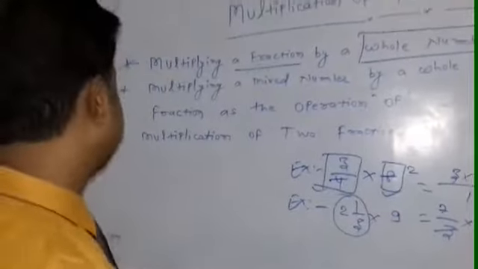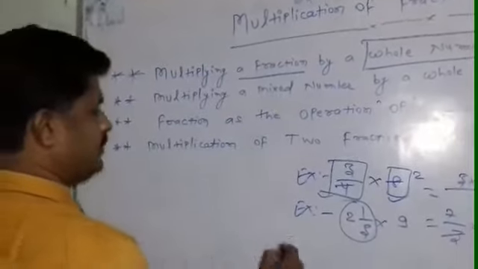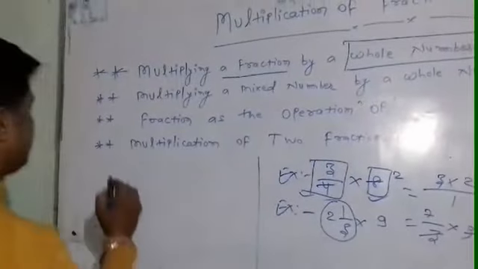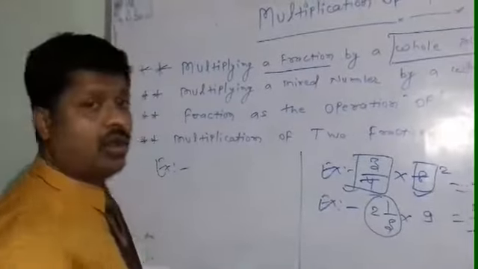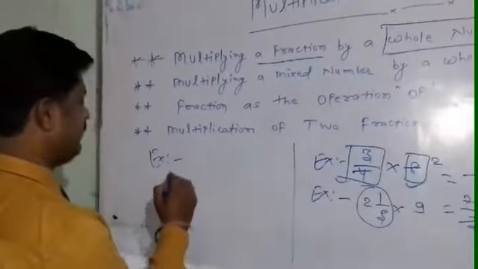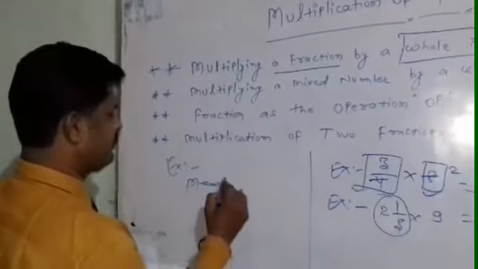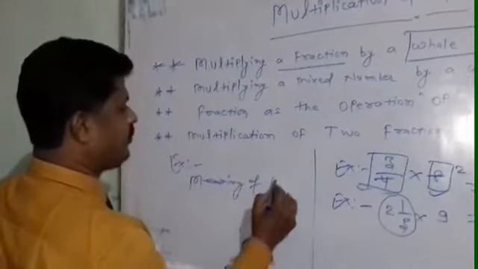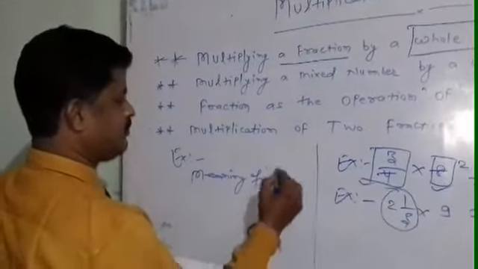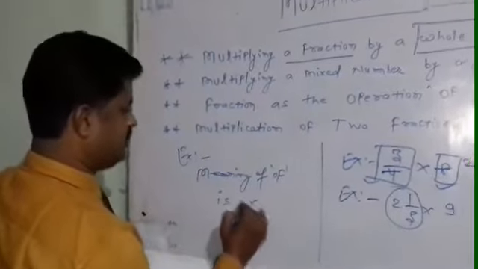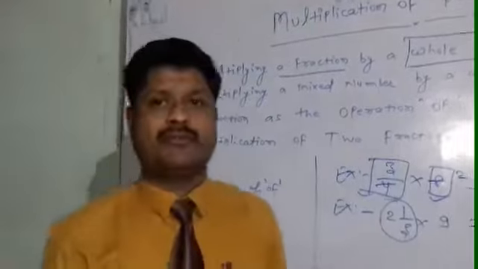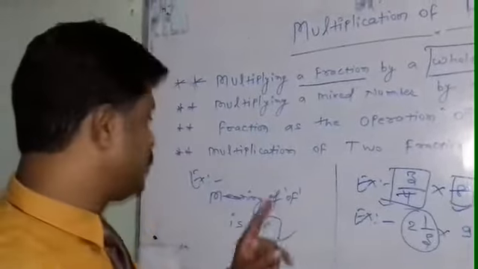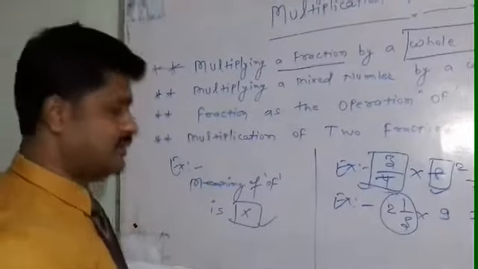Okay. And the third one is fraction as the operation of. That means the meaning of 'of' is multiply. When any question arises with 'of', then always do it as multiplication.